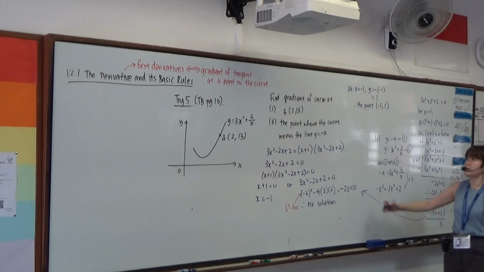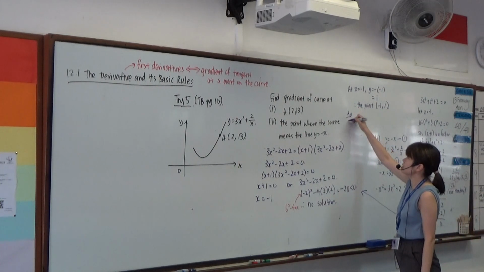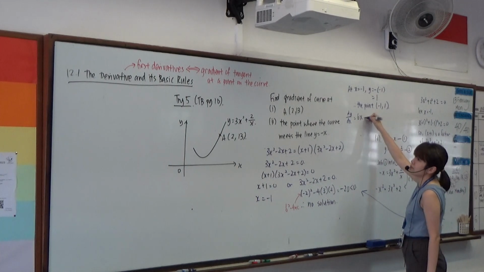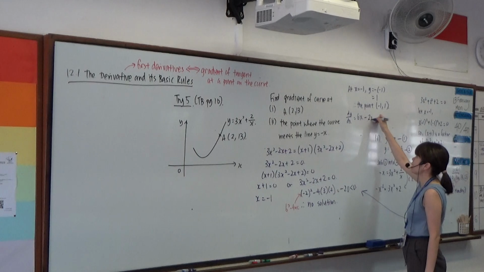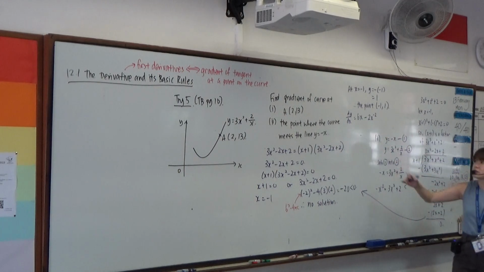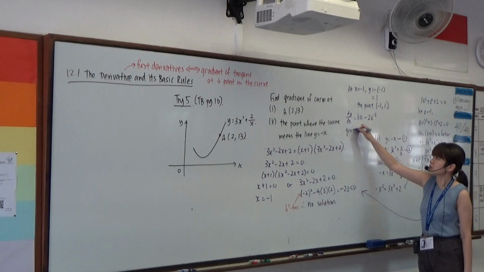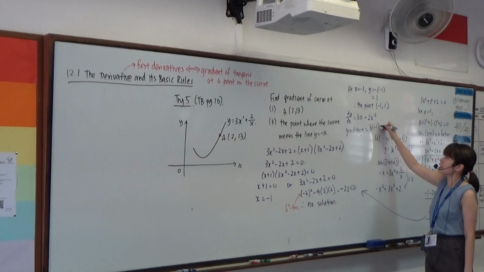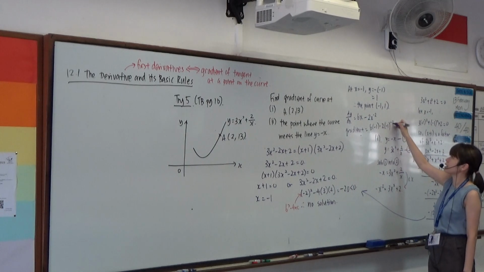Earlier on, I already know dy over dx is actually 6x minus 2x negative 2. So gradient equals 6 times negative 1 minus 2 times negative 1 negative 2.